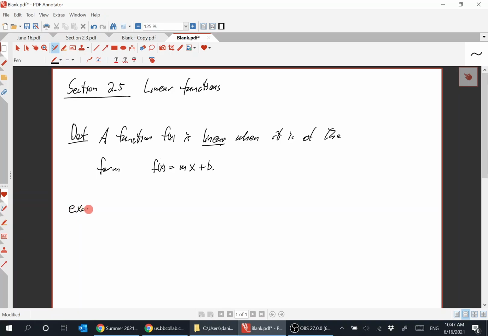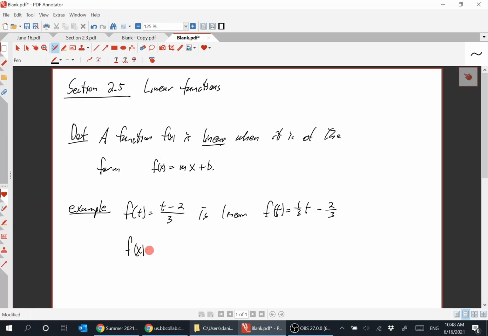So for example, let's use a different letter even. F of t equal to t minus 2 over 3 is linear. You can rewrite it as 1/3 of t minus 2/3, distributing the 1/3 over the t minus 2. So m is 1/3, b is minus 2/3.